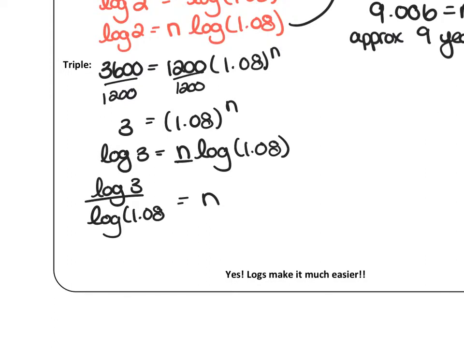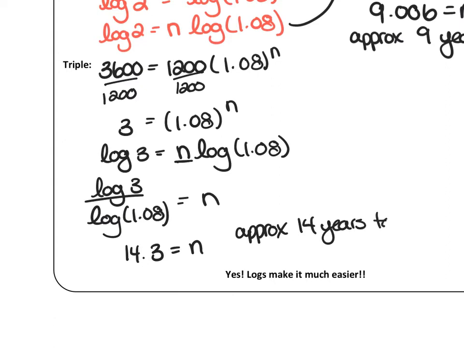If we calculate log 3 divided by the log of 1.08, we get 14.27, or 14.3 if I round it. So it takes 9 years to double and approximately 14 years to triple.